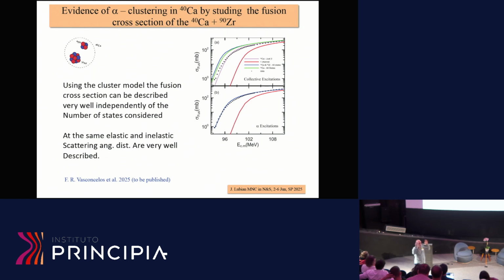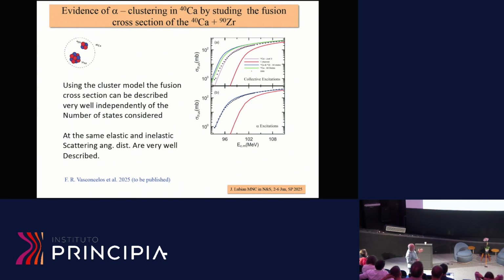So we have the potential, we have the spectroscopic amplitude, and we compare with experimental data. Our agreement is not that perfect, but this is a one channel calculation. This is the fusion you get when you include the target states, the oxygen and the calcium-40 3- states only. So with that, they say, okay, we describe the fusion cross-section very well, and that's it.